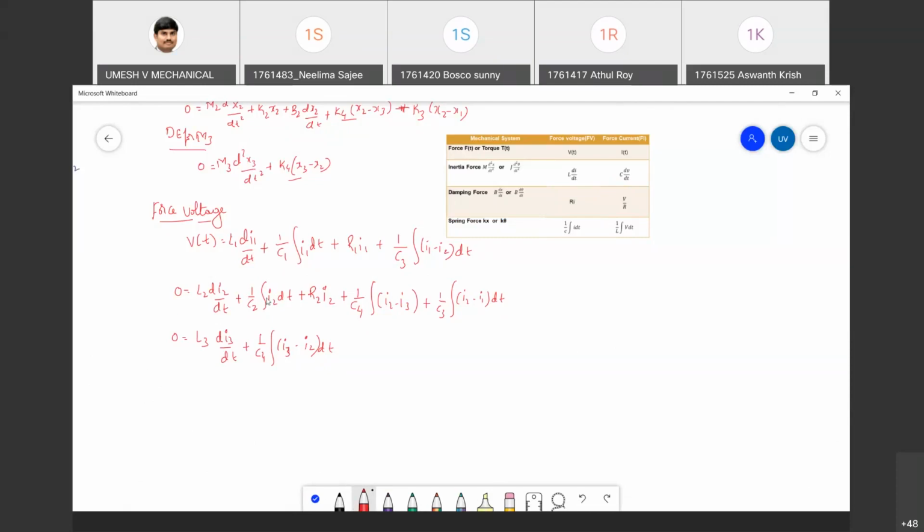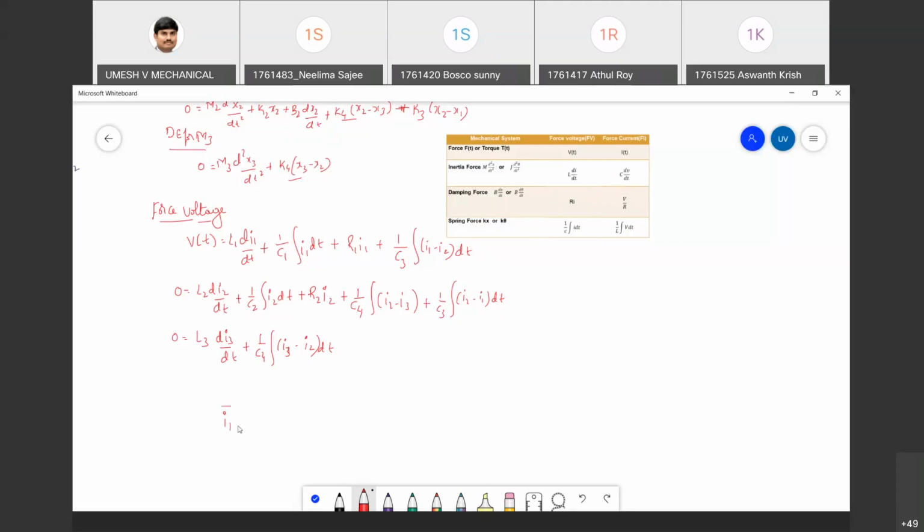How many currents are there? Very good, 3, no? There are I1, I2, I3. Is it right? So that means 3, is it loop or node? Current, force voltage, means I3 are there. So is it loop or node? Loop. Very good.